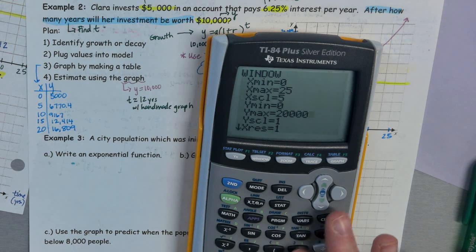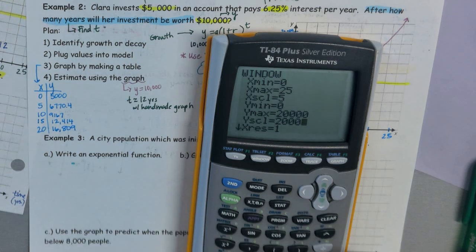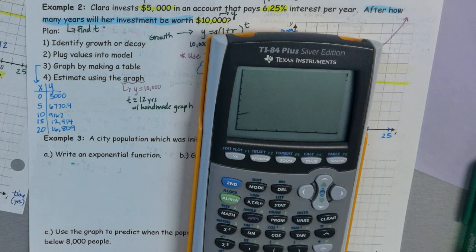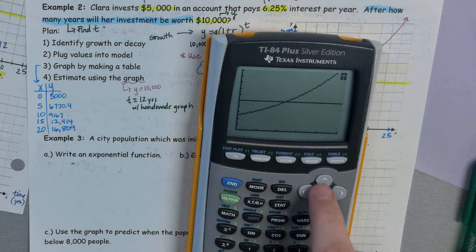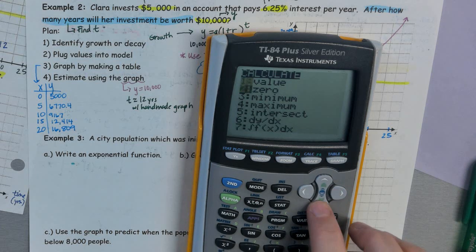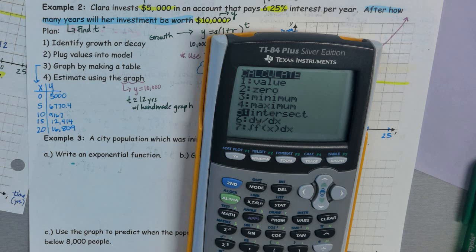And what was our scale? 2,000. So you can just make your scale the exact same. And now when you graph, it's going to graph the function first, and then it's going to graph that line of 10,000. Your intersect feature is second, calc, and then this is number 5, intersect.